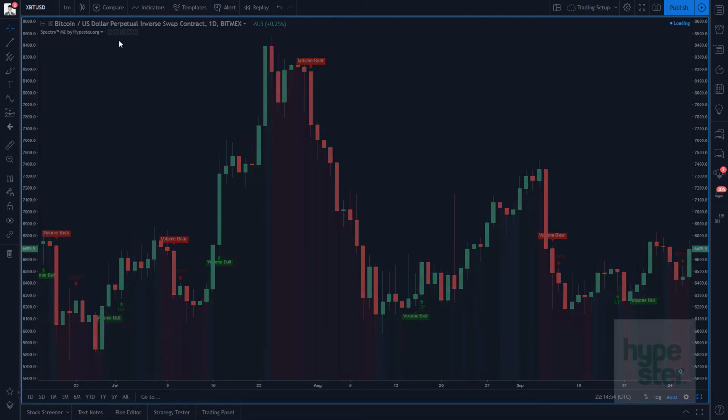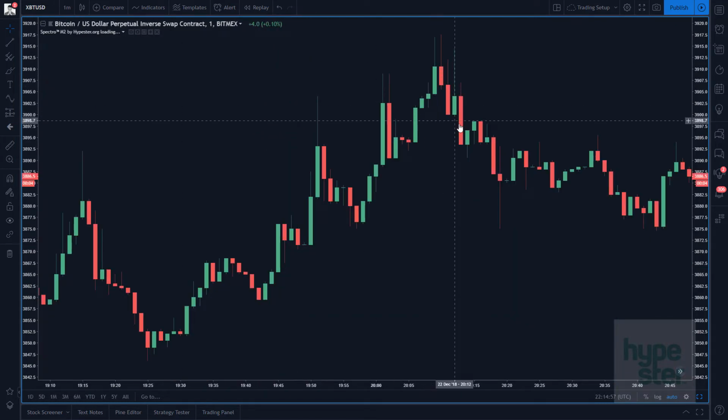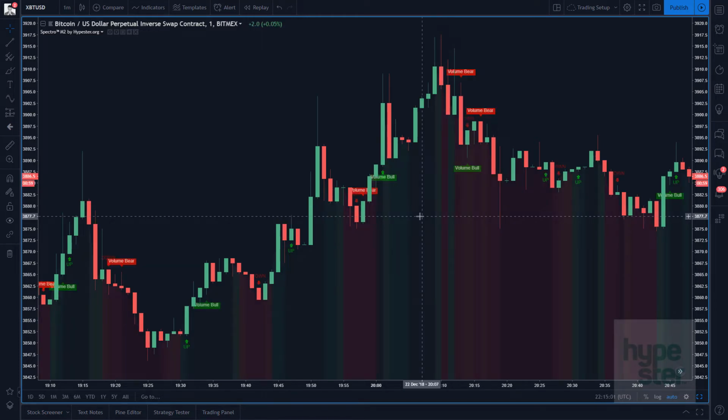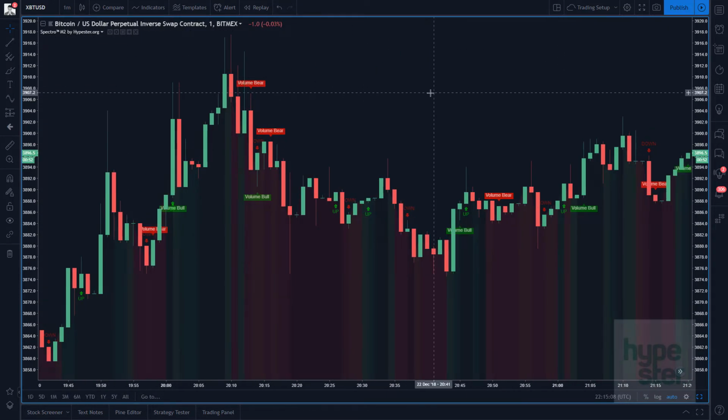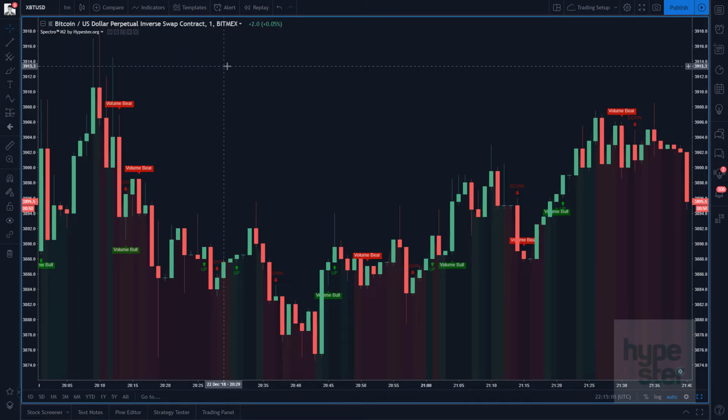Since it's too reactive, I'd rather use it on smaller time frames. Everything that is more reactive is usually better on smaller time frames. All right. Now let's talk about other methods.